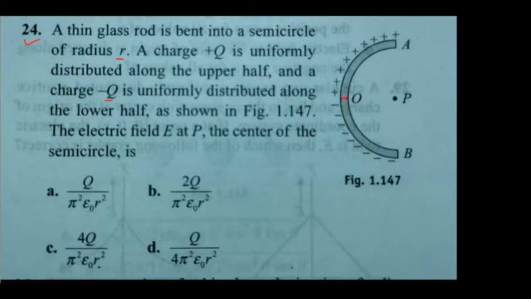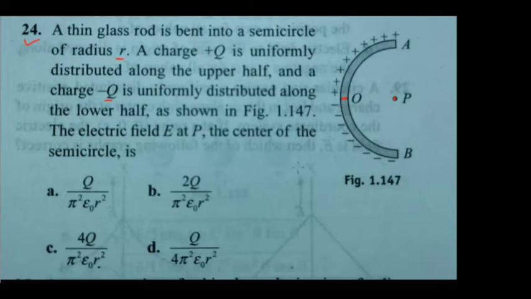In the upper half we have a positive charge Q uniformly distributed. Similarly, in the lower half an equal amount of negative charge, a charge of minus Q, is uniformly distributed. P is the center of the semicircle and we have to find the expression for the electric field at this point P.